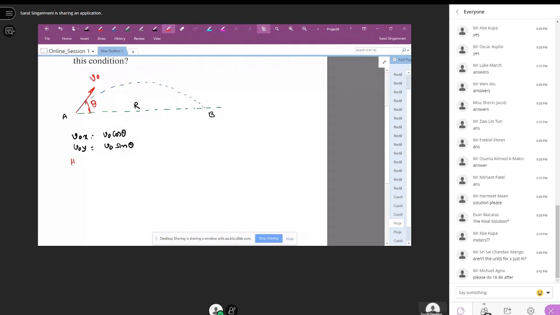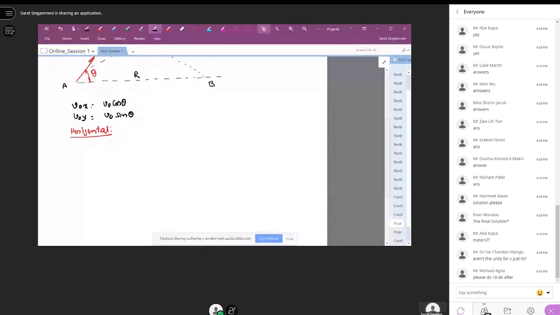In the horizontal motion, because in projectile motion, as I told in the class, we treat horizontal motion as one event and vertical motion as another event. These two are two discrete events. So analyze the horizontal motion individually.